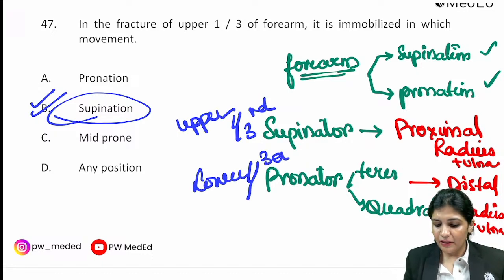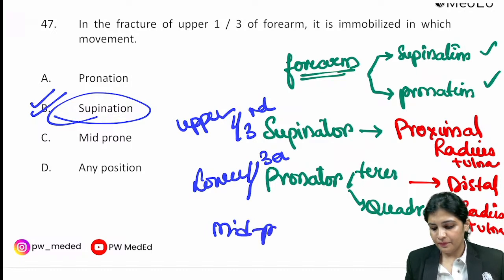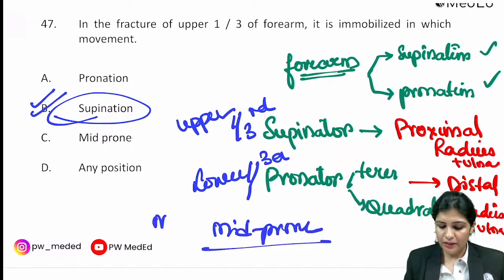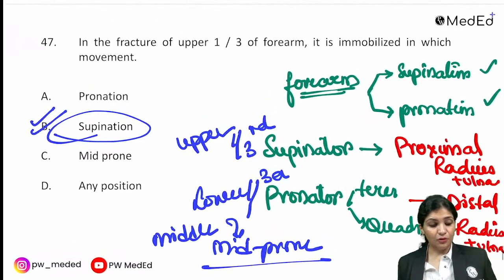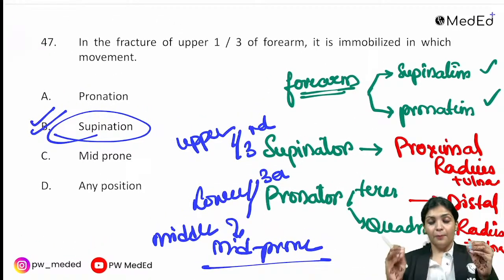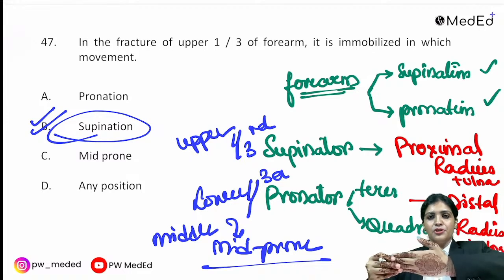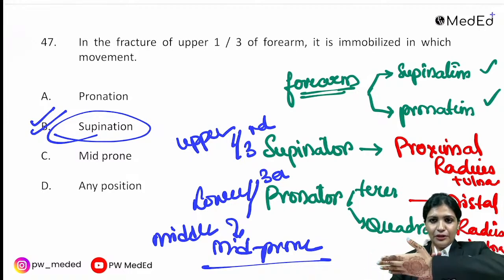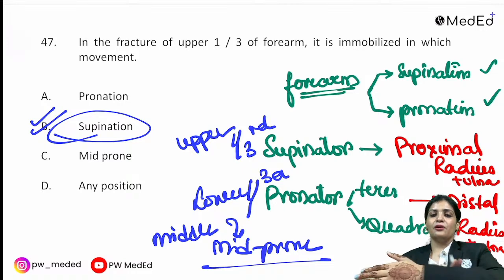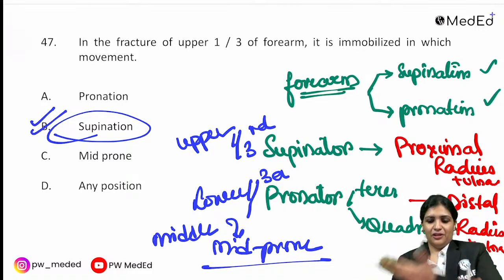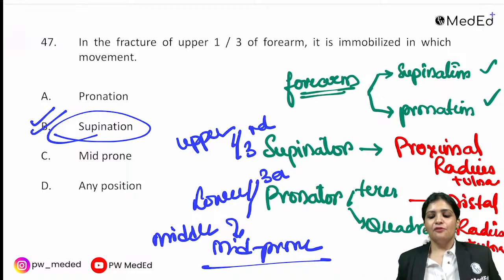If it is in the middle, you go for mid prone, just put it in the mid prone position. So this is how you remember for the forearm: upper, middle and mid prone. For the distal you go with pronation, and for the proximal one-third you go with supination. That is how you immobilize for better results of fracture union.